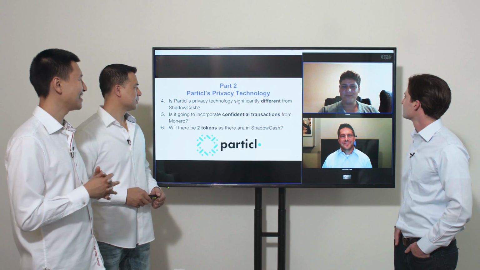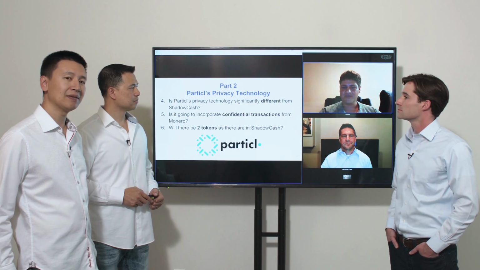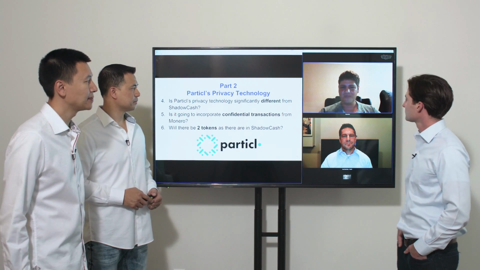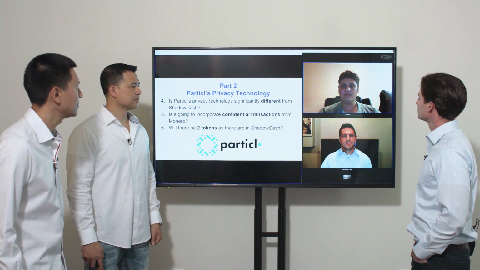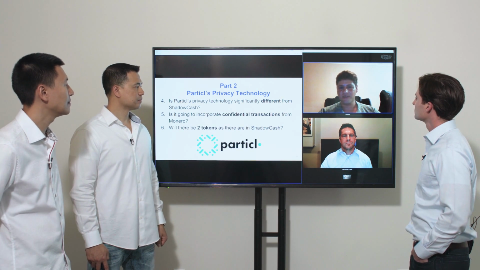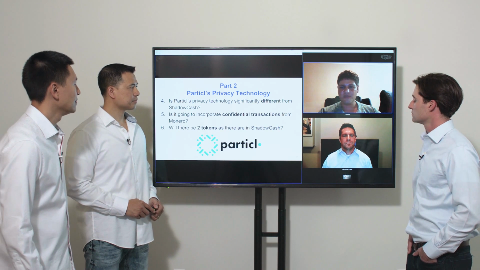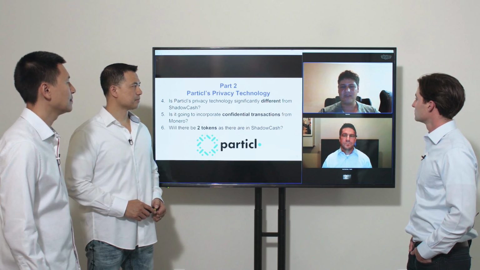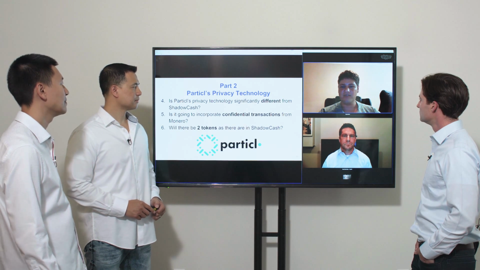Okay. Well, firstly, we're going to have the stealth addresses and the ring signatures, so that'll be the same. We're going to have the public balance and the private balance. But we plan to add confidential transactions and blinded transactions, so people will be able to send coins without there being a visible balance. Only the sender and the receiver will know what the balance is.